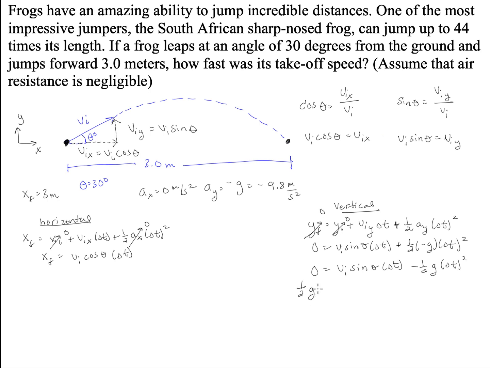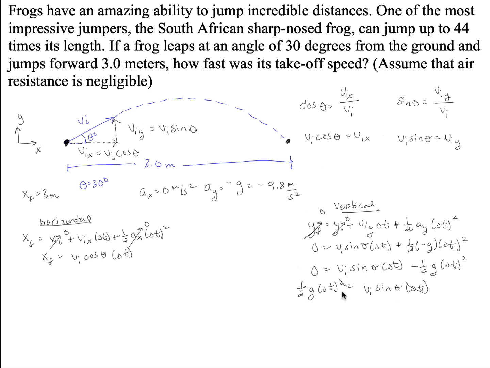So we have 1/2 g delta t squared equals vi sine theta times delta t. Here you can see that one of those delta t's cancel. That's actually the t equals 0 solution to the quadratic, but that's not really important to us because t equals 0 means, yes, it was at y equals 0 at t equals 0, but that doesn't tell us anything about what was happening during the flight.